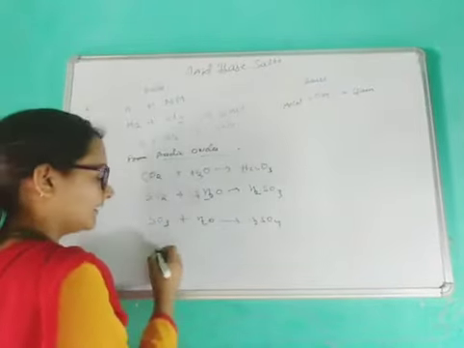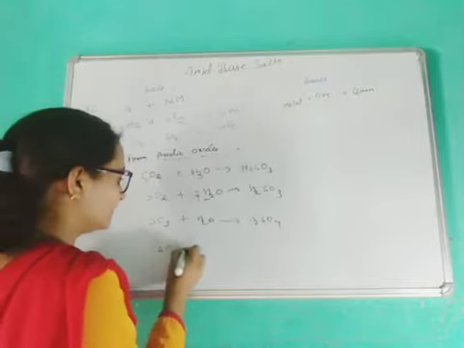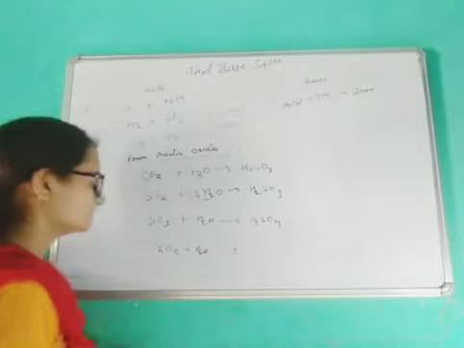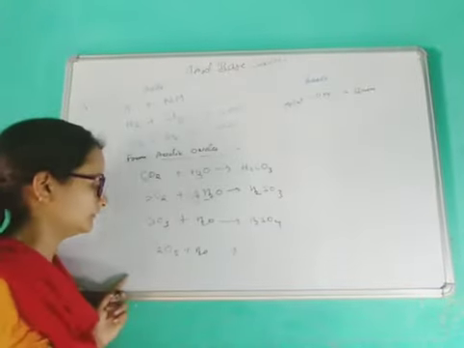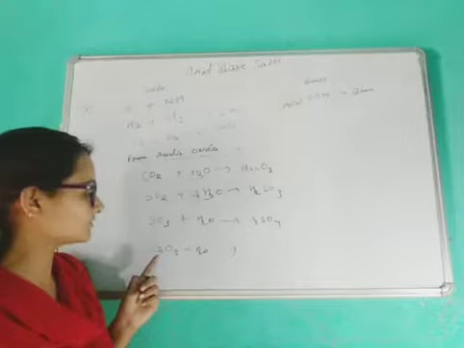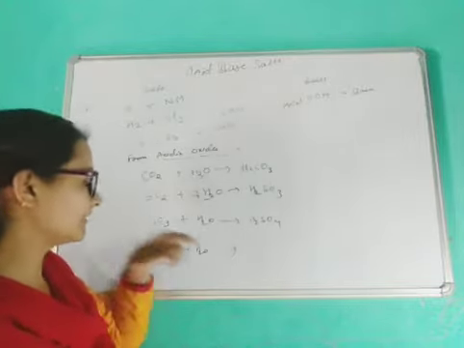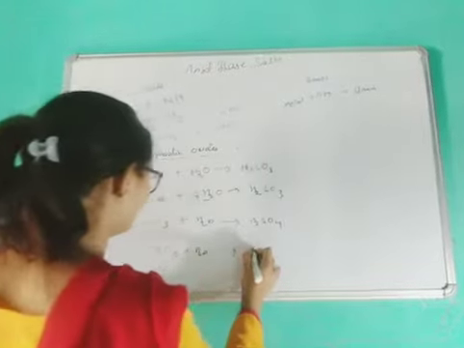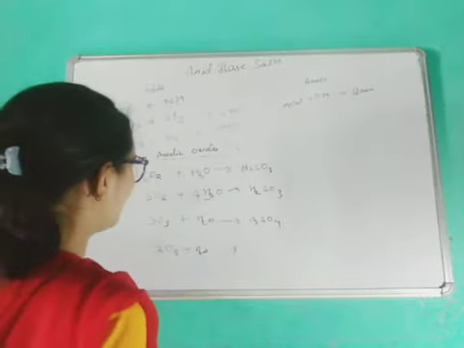If P2O5, that is phosphorus pentaoxide, reacts with H2O, it will form H3PO4.